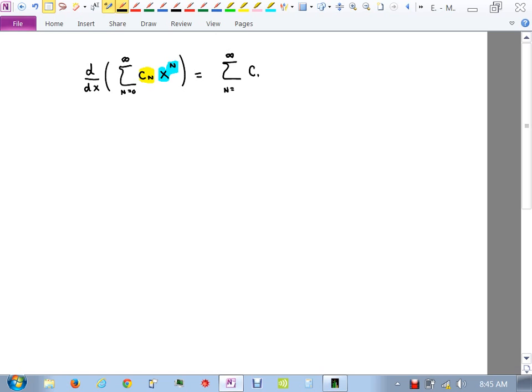The c sub n is left alone, and then the power rule on x to the n is n x to the n minus 1. And we would shift our index from 0 to 1.